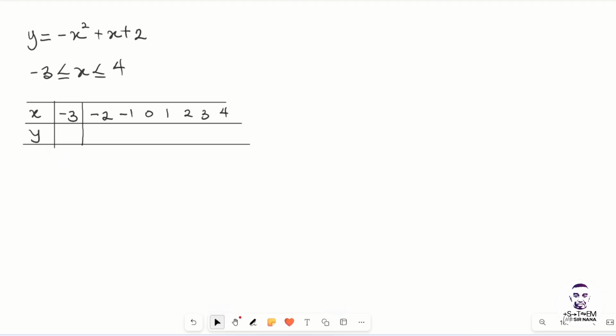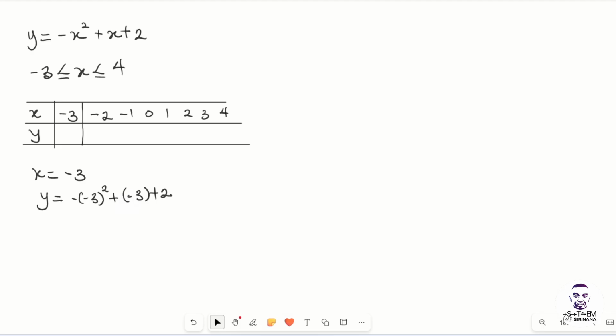So what we are going to do is, for instance, if x is equal to negative 3, then our y will be equal to, we substitute x, which is negative 3, so we have negative of negative 3 all squared plus x, which is negative 3, and then plus 2.